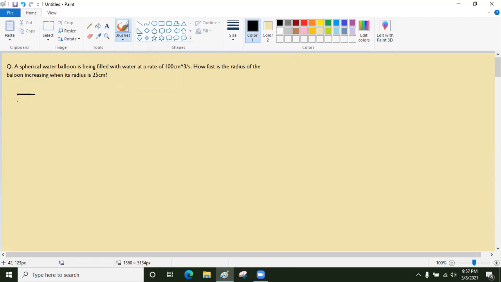So you can somehow imagine that we have something of a faucet here, and the faucet is essentially pouring water into this balloon that we have.